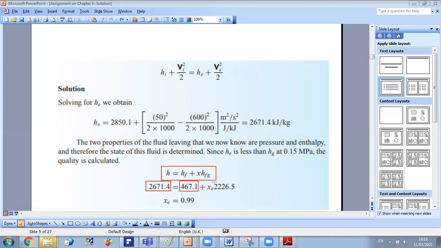I get HFG from the table, or I can calculate it as HG minus HF. The only unknown in this equation is the quality. Then I can get the quality at exit. So I have a quality very close to 1, so I am very close to the saturated vapor state.